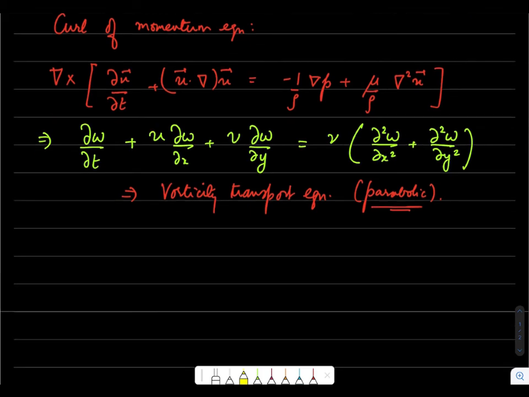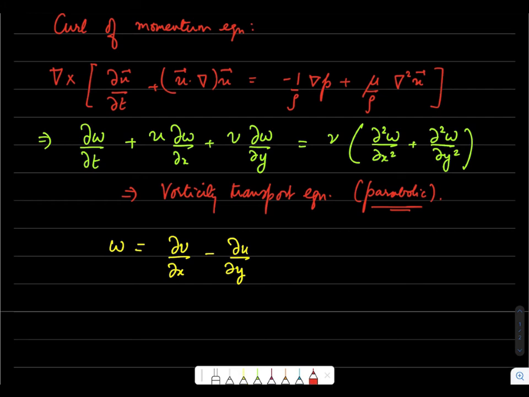An additional equation is required for obtaining the stream function, because eventually we also need u and v in this equation, which are still not known. So we can use the definition of vorticity. Note that vorticity in 2D flows will be dv dx minus du dy.